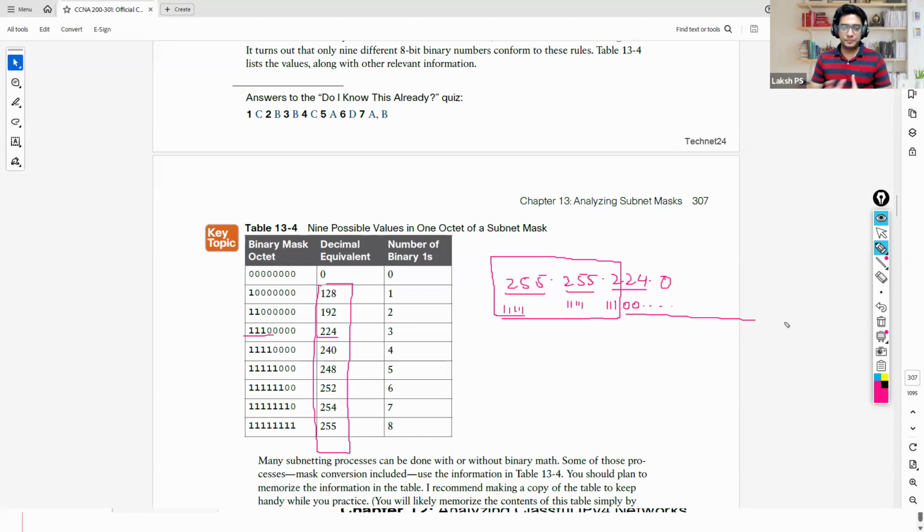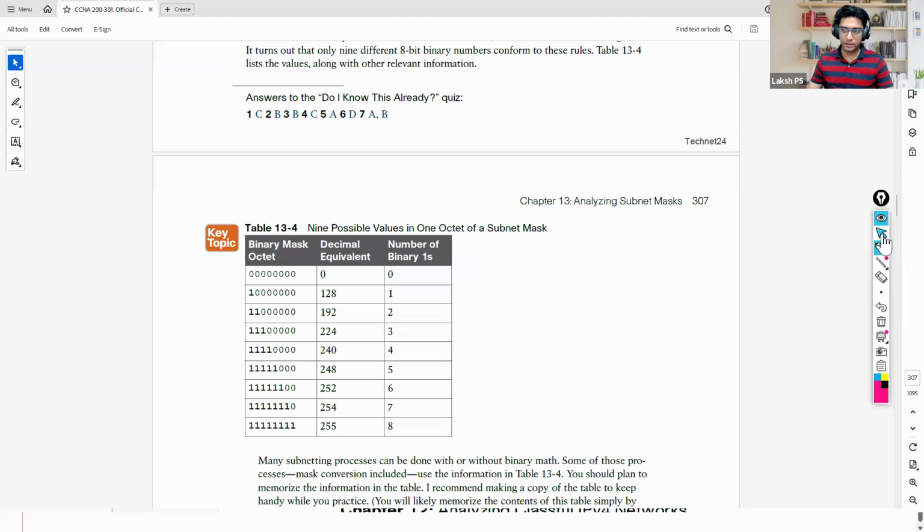Now, moving on with this. Okay, let's try to understand a few terms when we are understanding subnetting.